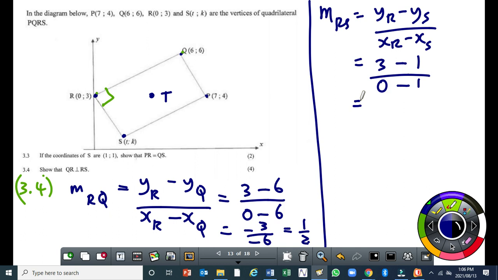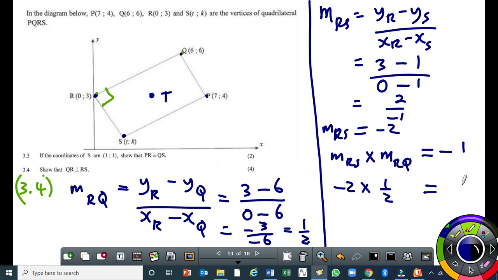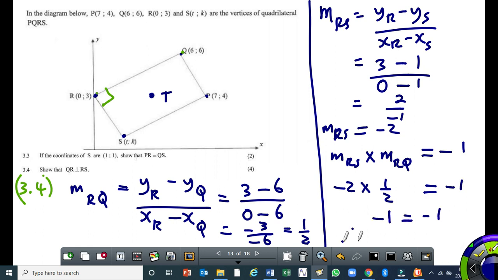So I'll get 2 over -1, which is -2. Okay, so this is MRS. So MRS times MRQ must give me -1. So MRS is -2 times MRQ, which is a half. I'll get -1. Then we say therefore QR is perpendicular to RS.